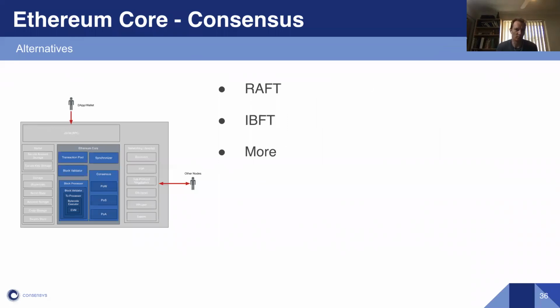So some of the other consensus mechanisms are Raft, which is very guilty of changing that functioning. There's the series of Byzantine fault tolerant solutions, and one of the ones that has started taking mindshare in the Ethereum space is IBFT, mainly because it's been implemented and shown to work pretty well.